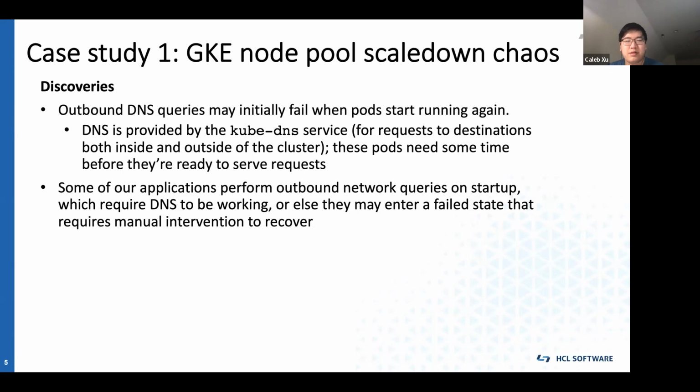On top of that, we found that some of our applications perform outbound network calls when they start up, and that requires DNS to be there. Moreover, when those calls fail, the applications enter a state that requires manual intervention for them to be able to start up properly again.